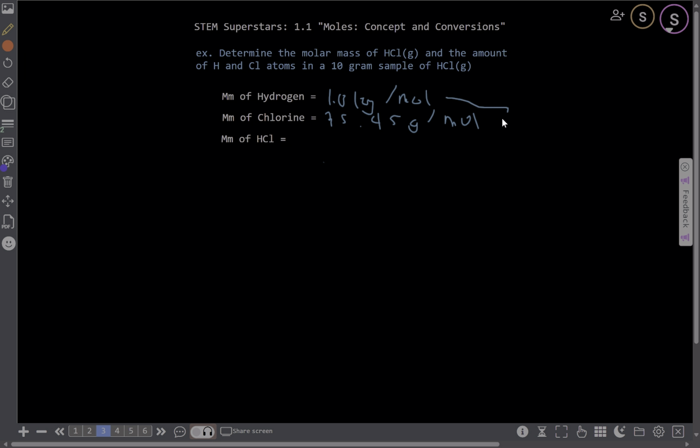When we add these two numbers together, since hydrogen chloride just has one hydrogen atom and one chlorine atom, you don't have to multiply these by anything. You just add them together, and you get a molar mass of about 36.46 grams per mole.